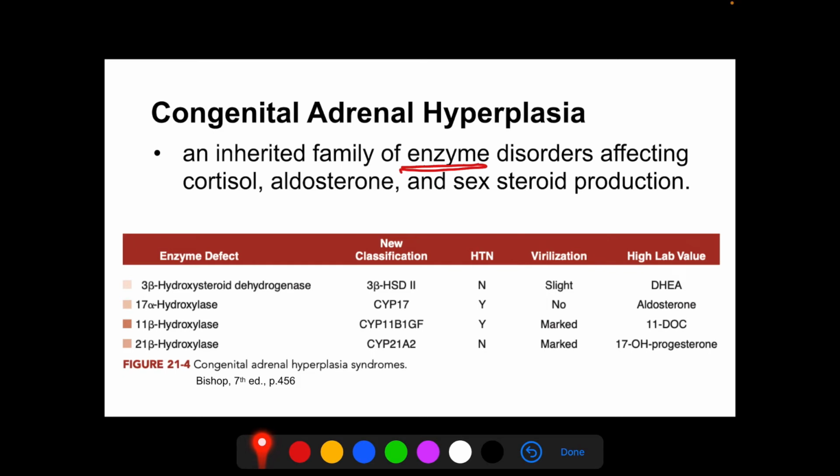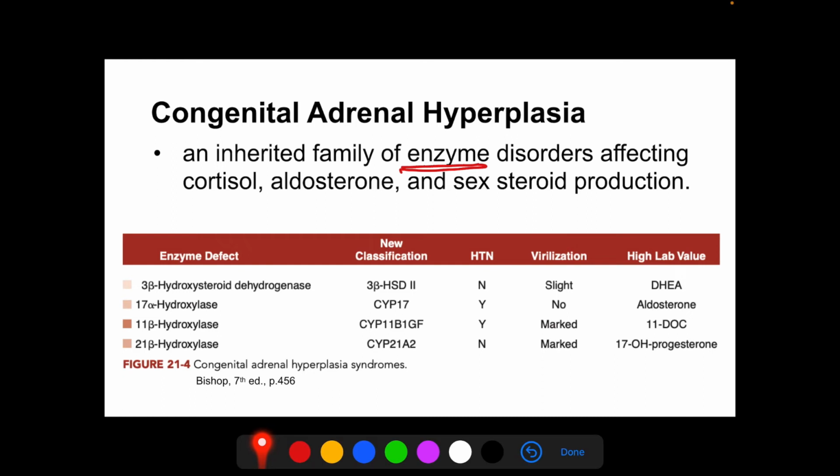So when we say virilization, it's a condition in which a female person develops characteristics associated with male hormones, or the androgens, or when a newborn has characteristics of male hormone exposure at birth. So that means when a female develops, for example, hair in the facial part of the body, or some characteristics associated with male hormones.